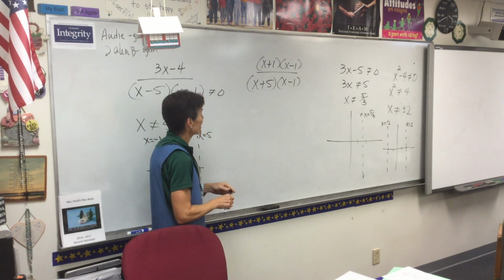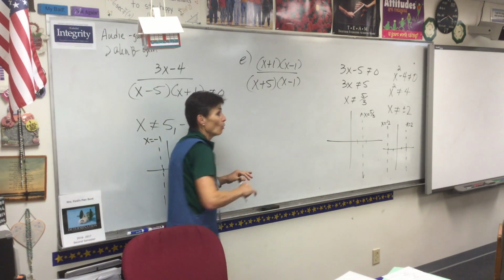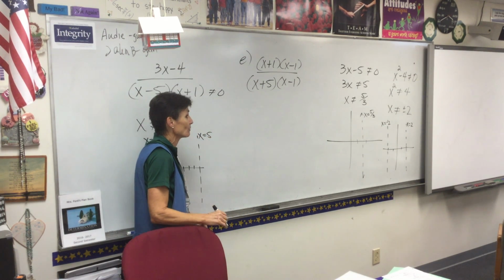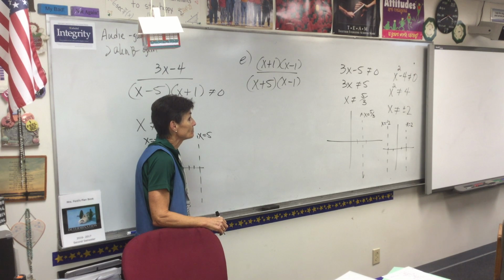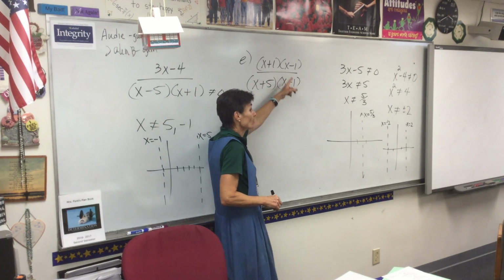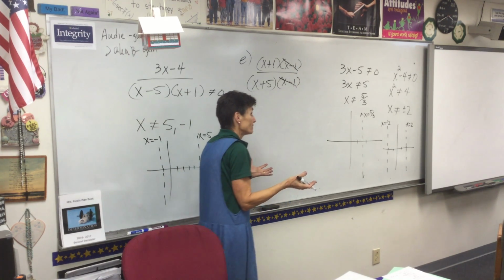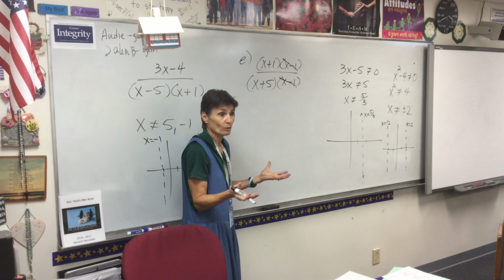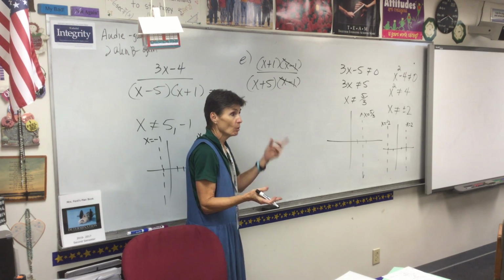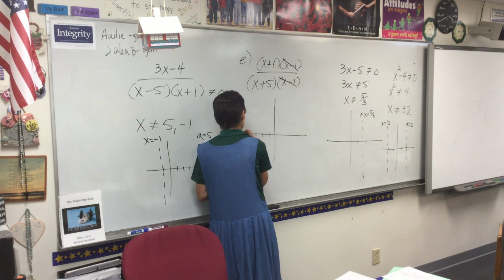What different thing happens in problem E, Chandra? I was gonna say that x minus 1, they cancel. They do cancel. You got an x minus 1 over an x minus 1. So those are actually gone. So how many vertical asymptotes do I have? 1. And it is where? At -5.